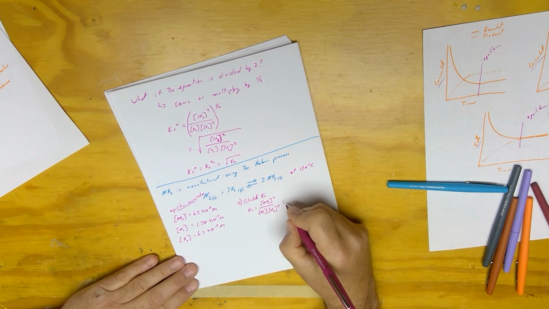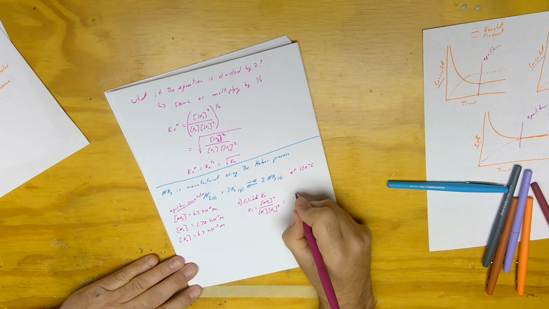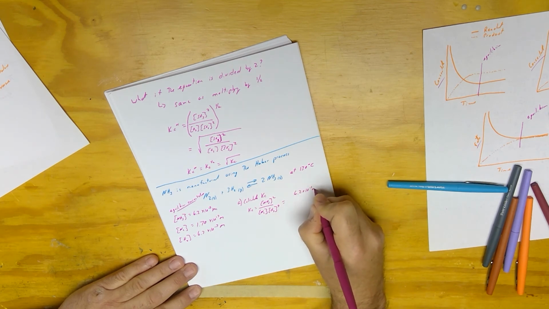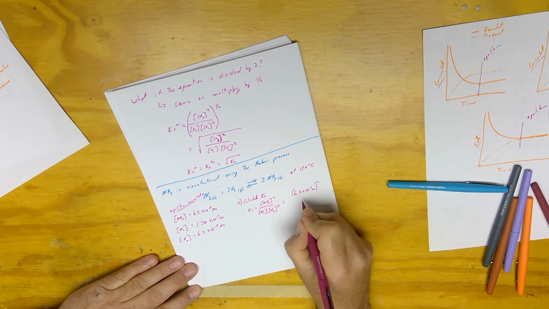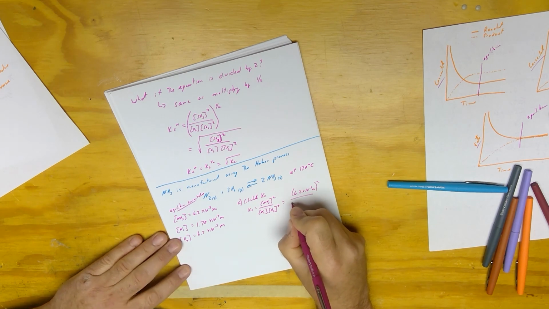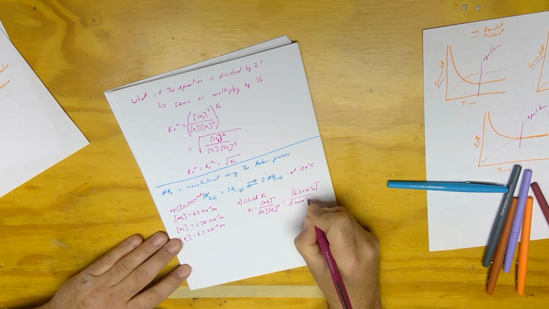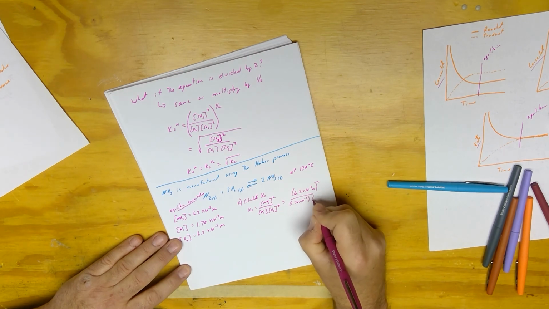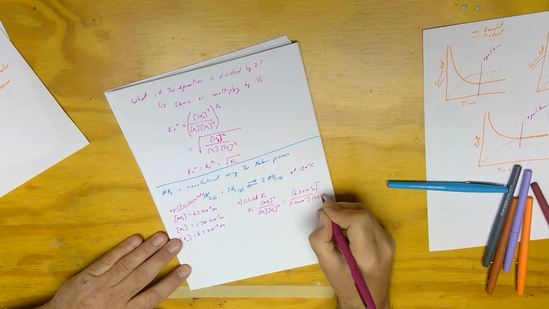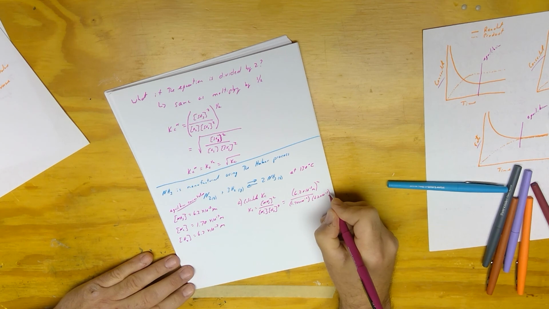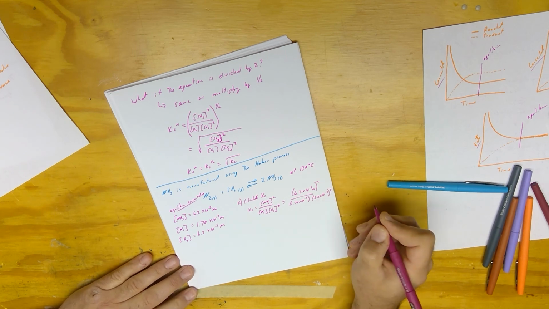So we plug in our numbers to get our constant, and we end up with 6.2 times 10 to the minus 2 molar squared divided by 1.70 times 10 to the minus 2nd times 6.2 times 10 to the minus 3rd, and that is cubed.